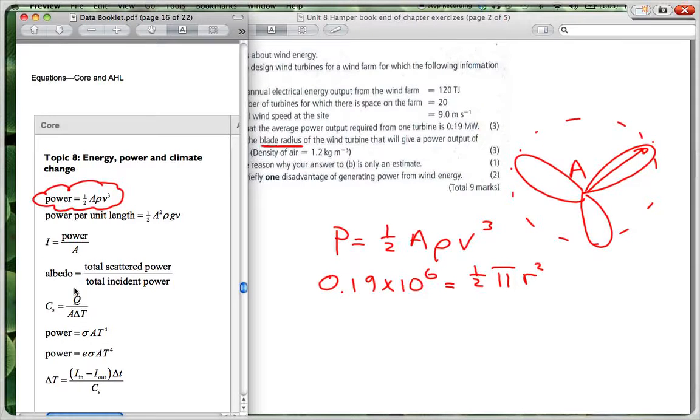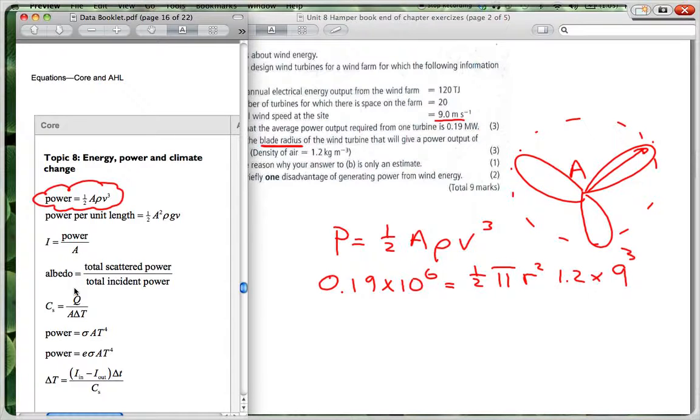Times our rho, which is 1.2, times my v, which we saw was 9 meters per second, but it's V cubed. Don't forget that cubed. It's easy to do that.